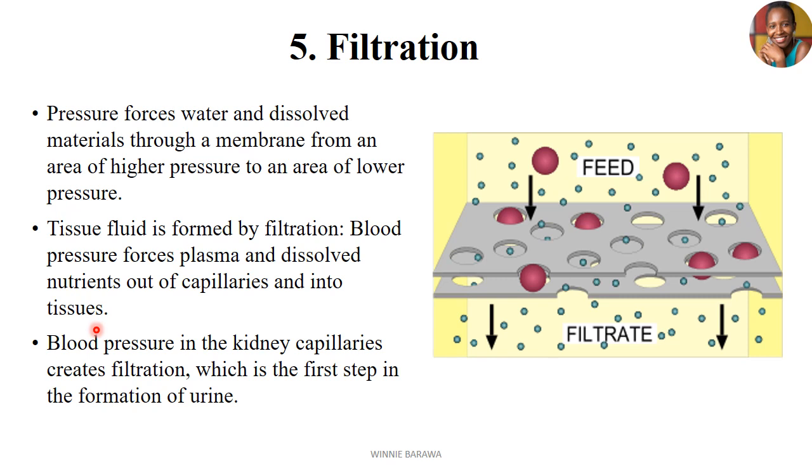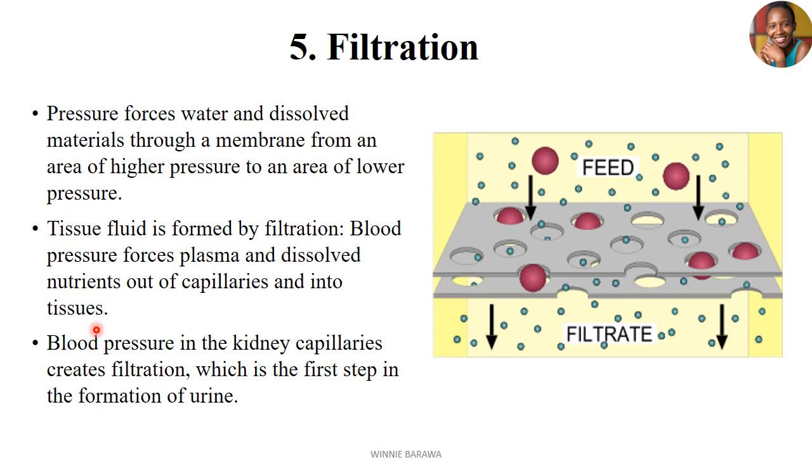Because of the high pressure in the blood vessels, it filters out materials, which can include plasma, part of the blood, and dissolved nutrients of the body system. These nutrients can be pushed out through the capillaries and taken into the tissue spaces. And this fluid is what we call the tissue fluid.